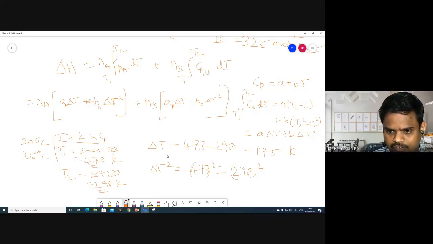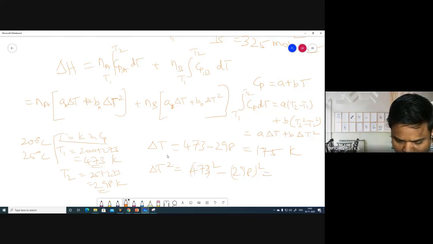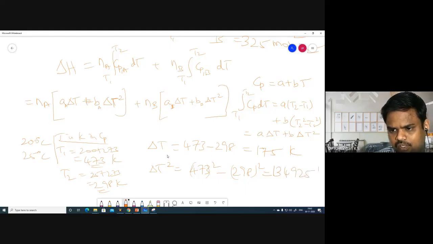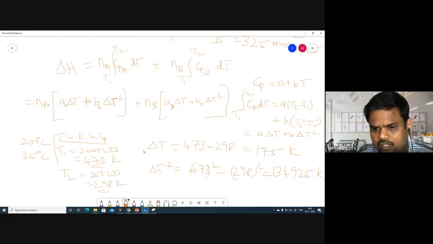So what is the value of this? 473 square minus 298 square will be 134925 Kelvin square. Whatever, you don't mind about units.